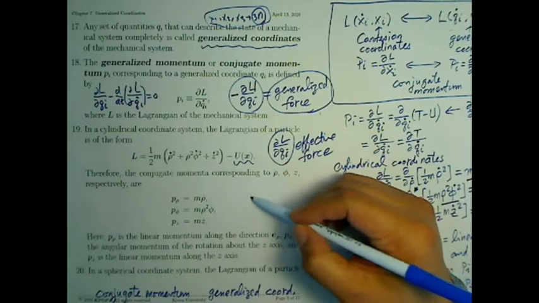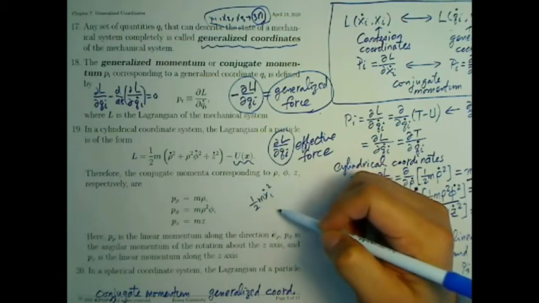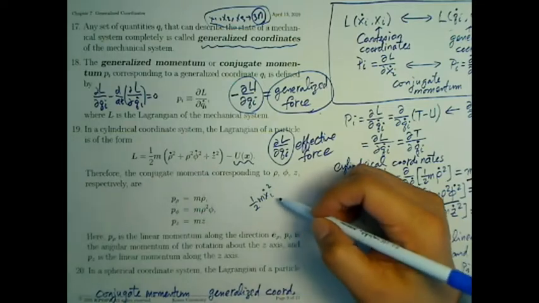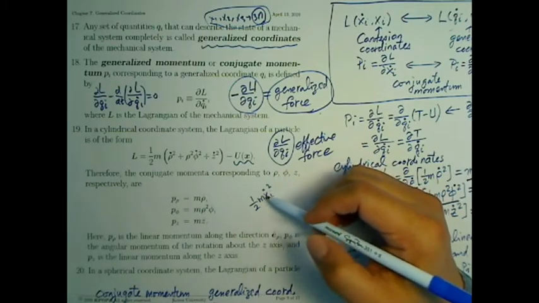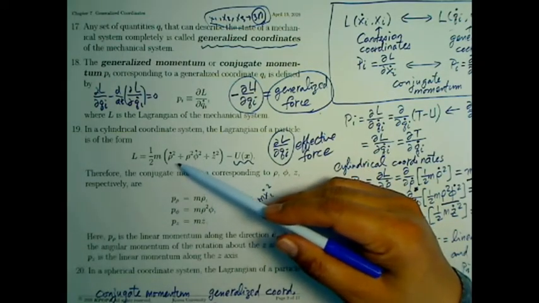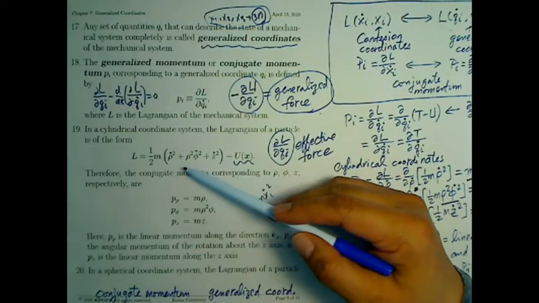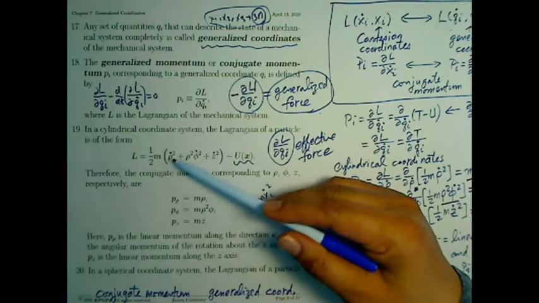It was expressed in terms of 1/2 m xi dot squared in the Cartesian coordinate system. If we rewrite this in the generalized coordinates such as the cylindrical coordinate system, it is composed of the velocity squared along the rho direction. The velocity squared is the time derivative of rho, squared.